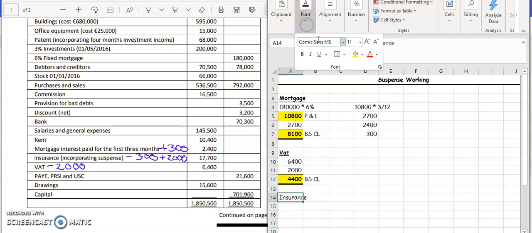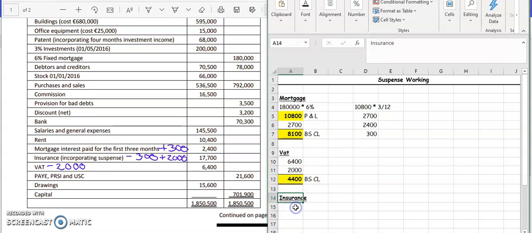So we know from our trial balance with the plus and minuses. So your insurance as per the question is 17,700. We're going to take away the 300 from the mortgage interest because you know that's incorrect.